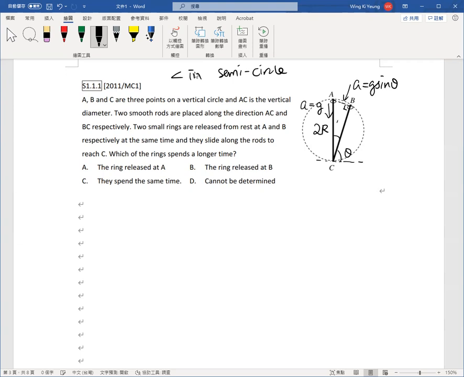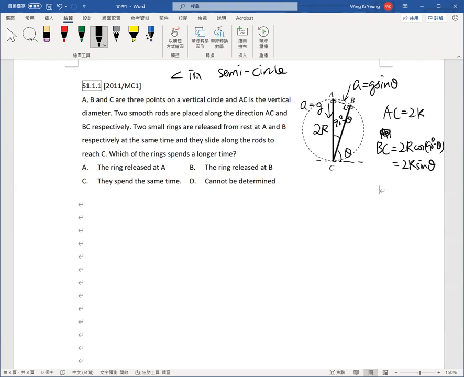This angle is 90 degrees minus theta. The length of BC will be 2r cosine of 90 degrees minus theta, so that is 2r sine theta.